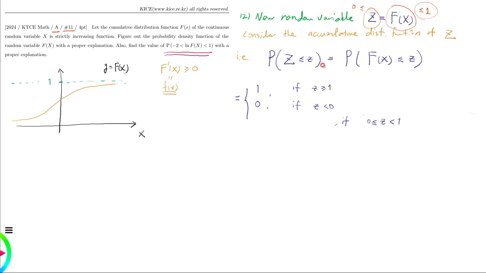Okay, so when the small z value is between 0 and 1, let's say this value, and then there's some random variable x which corresponds to this small z, such that its cumulative distribution function of this probability density function from negative infinity to positive infinity equals z.